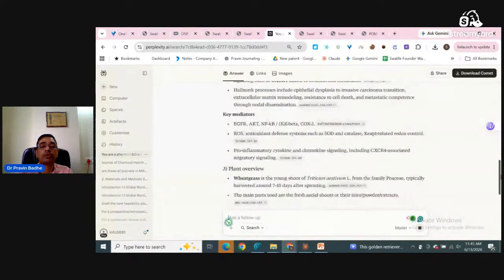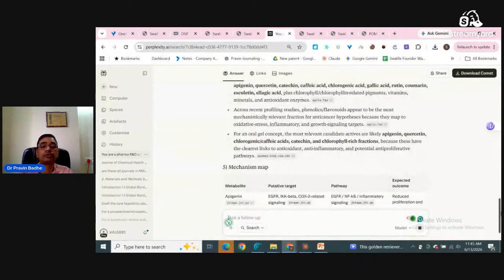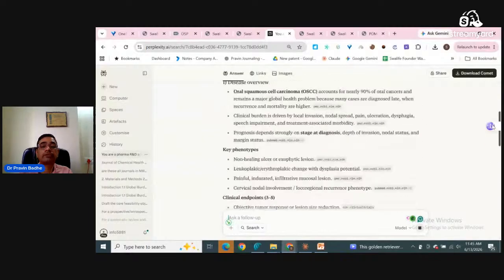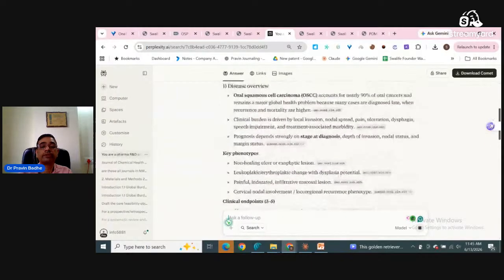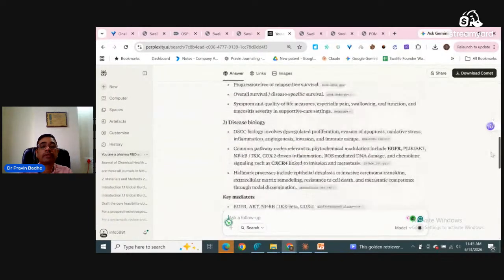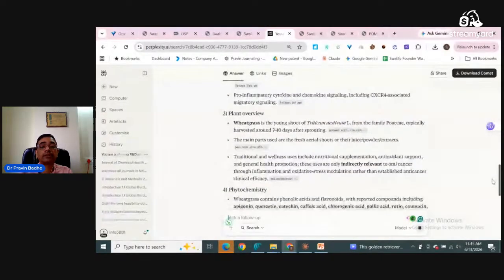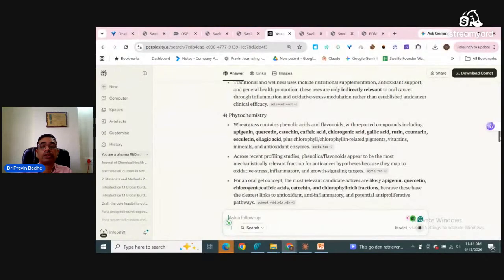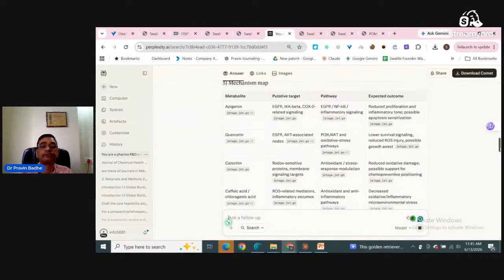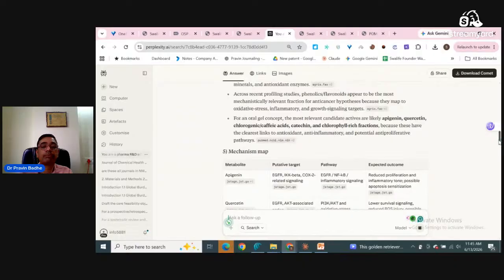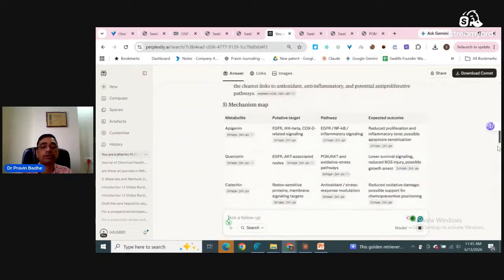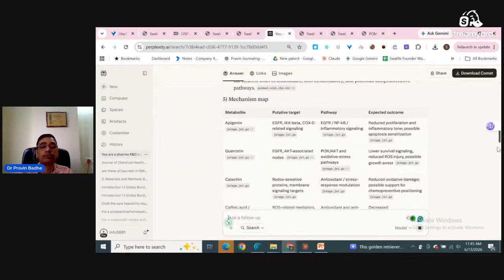So now you can see all this information we have asked about: the basic disease, the key phenotype, clinical endpoint, then regarding the plant, if there was a molecule, it would have given us the molecule, the chemistry, then the mechanism map of the plant which has the small molecules in it.